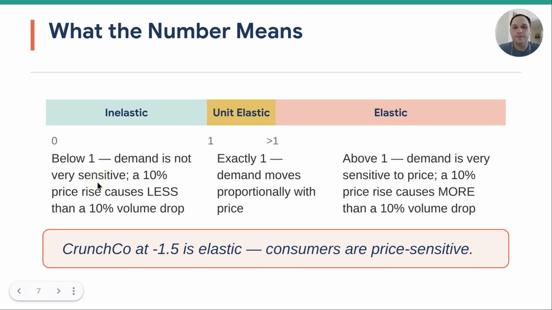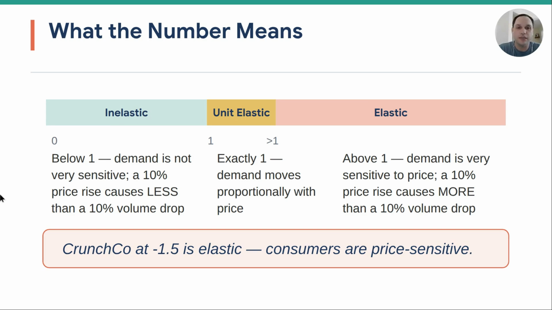The elasticity coefficient falls into one of three zones, and each has a different strategic implication. Above 1, in absolute value, elastic means demand is very sensitive to price. A 10% price increase causes more than a 10% volume drop. Consumers are switching brands, delaying purchase, or buying less. Exactly 1, unit elastic, means demand moves proportionally with price.